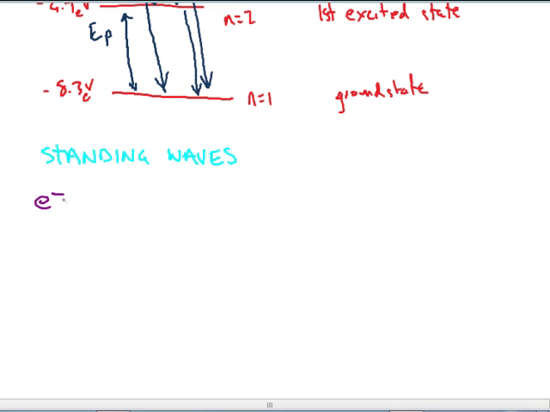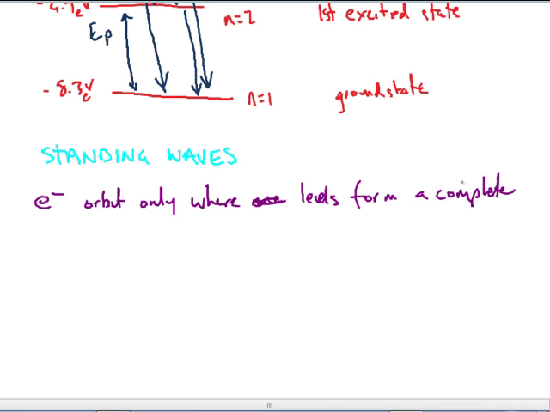So electrons orbit only where levels form a complete standing wave.